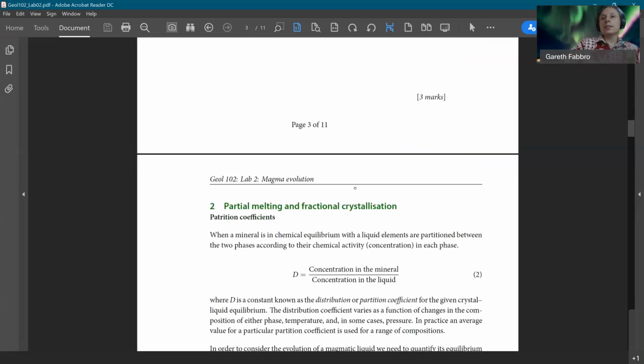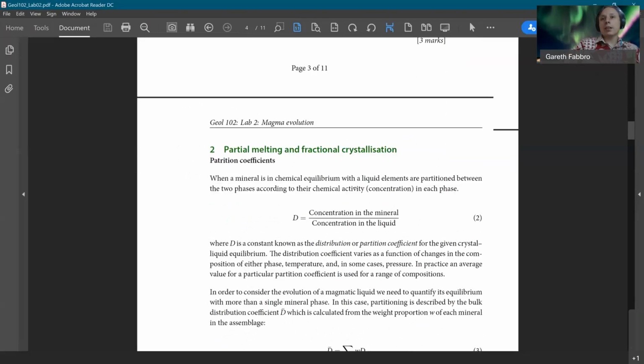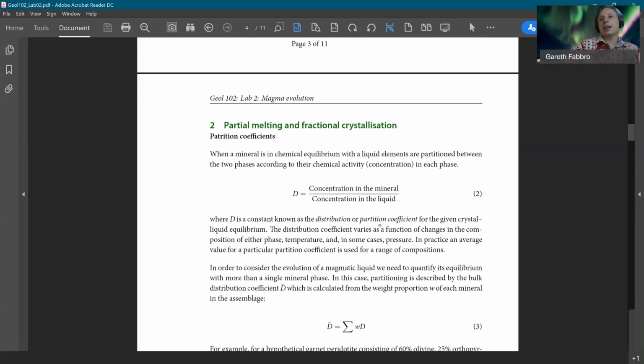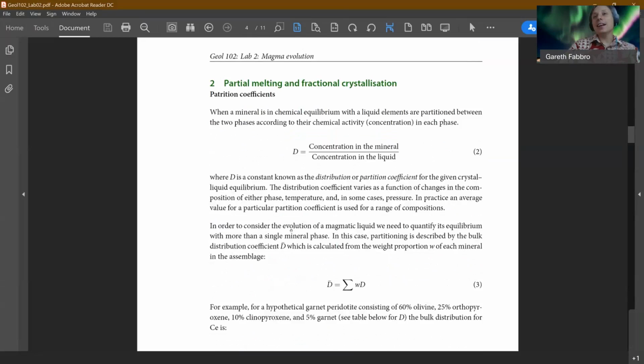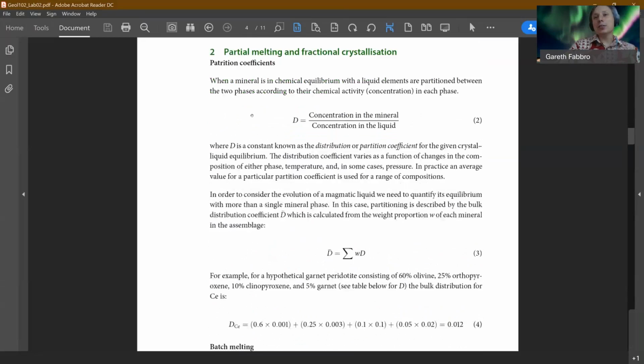So the next bit of the practical, the rest, is actually looking at partial melting and fractional crystallization. I spotted a typo here. It should be partition coefficients, not patrician coefficients. Anyway, it's all using partition coefficients that we went over in the lecture.